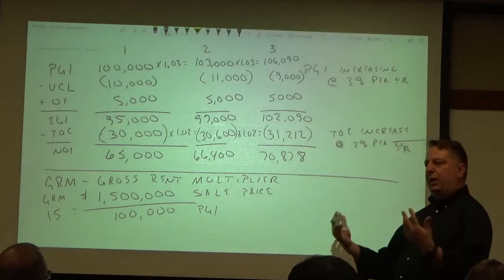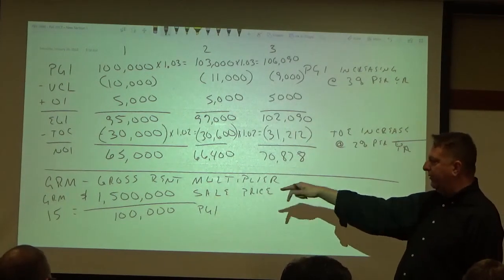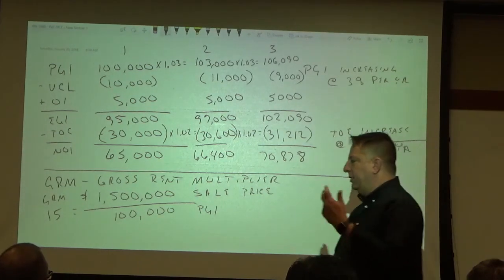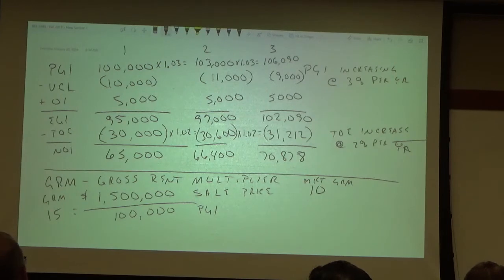Well, if you go out and you collect a bunch of data within the market about what the properties have sold for, and you're able very easily to determine what their rent rates are, and you're saying that the market gross rent multiplier is 10, and what I mean by the market gross rent multiplier is that you've gone out and you've found a half a dozen or so similar properties, and they have sold for a 10 multiple, and yours is at 15, that's not a good thing for you, because it's basically saying you paid too much for your property.